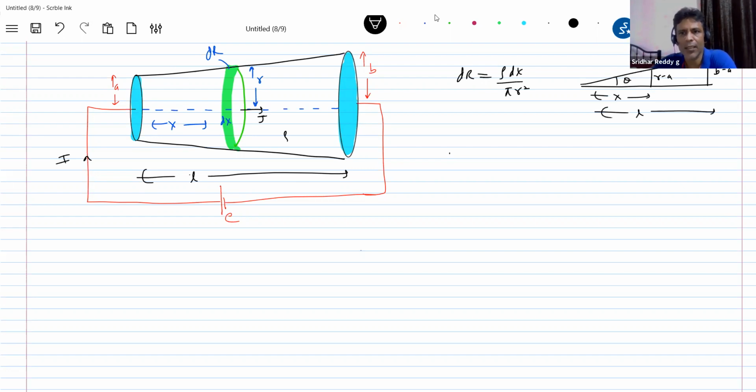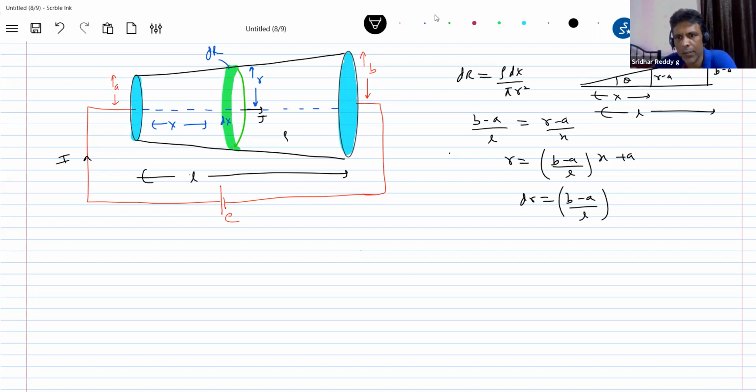We'll agree on this triangle. So tan theta, from this, I can write as (b minus a) by L equal to (r minus a) by x. So r is equal to (b minus a) by L times x plus a. I'll differentiate this: dr equals (b minus a) by L into dx. Let me replace the dx term in the above equation.